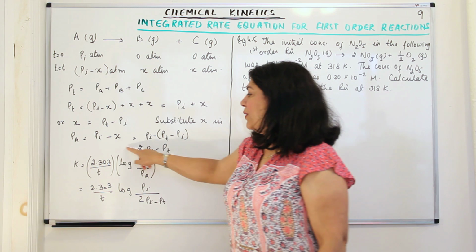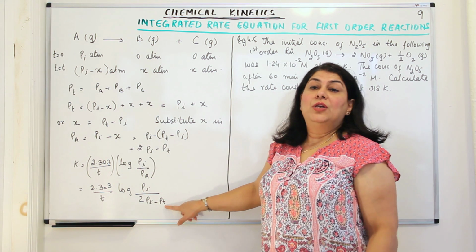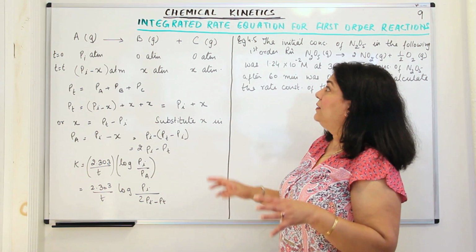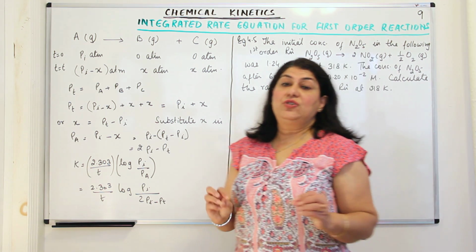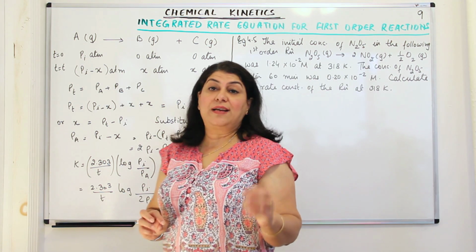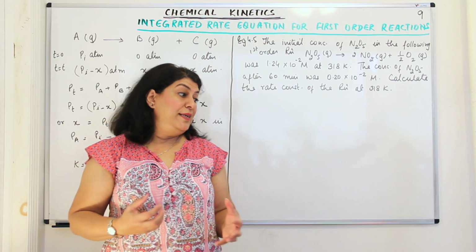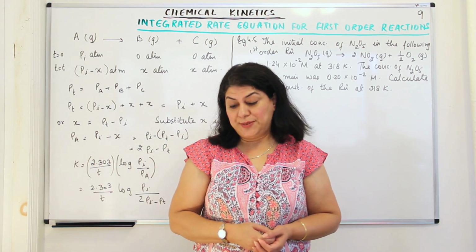You've just substituted the value of PA here. So this is the integrated rate equation for a first order reaction where you have gaseous reactants and products, modified in terms of partial pressures.